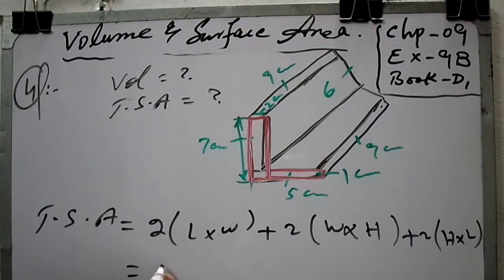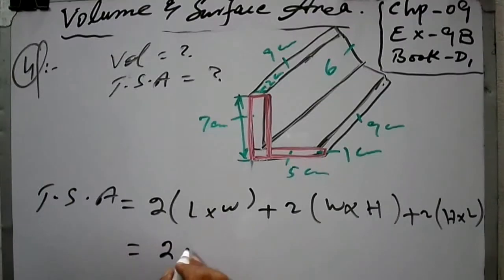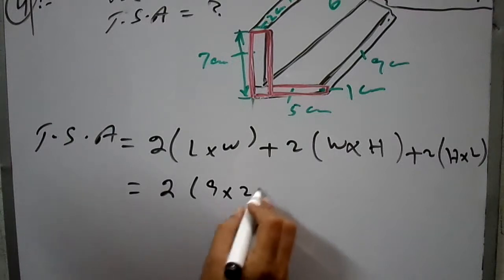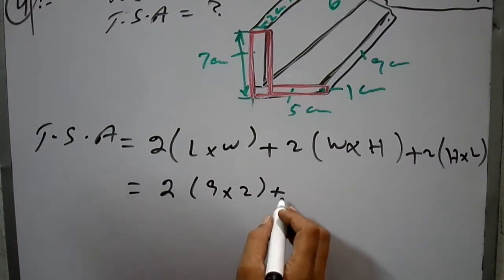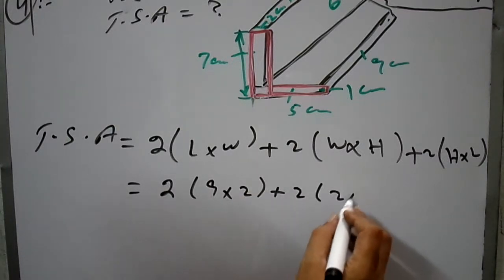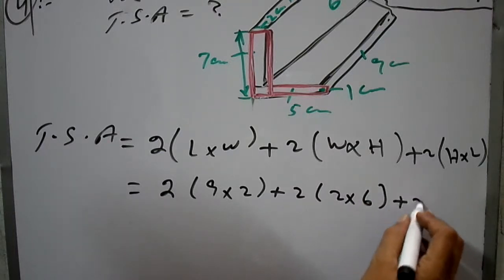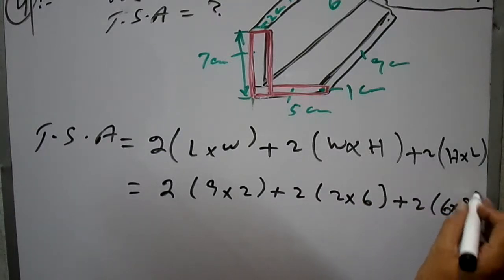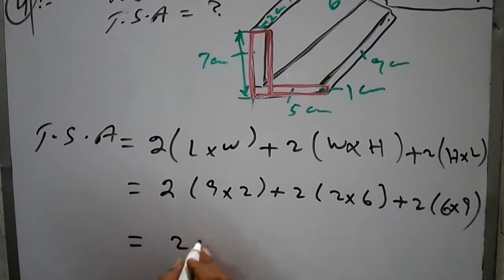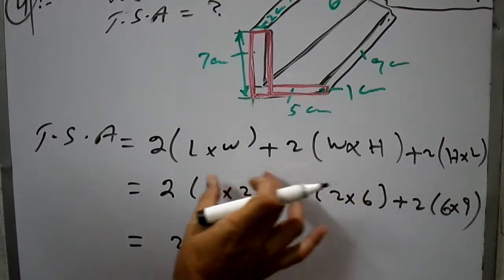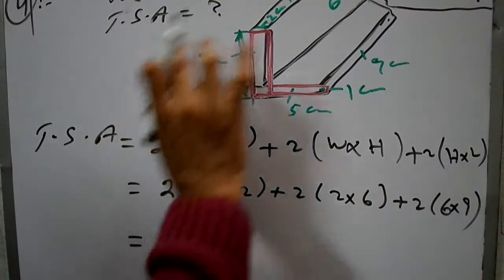So putting the values, 2 into... plus, because the formula is for the total surface area of two rectangles.